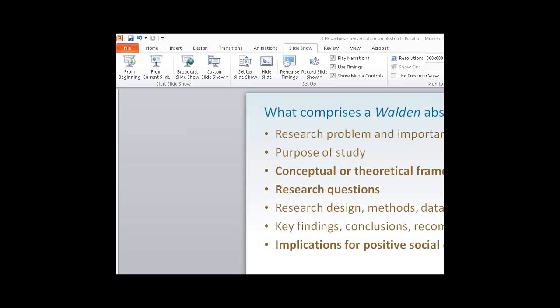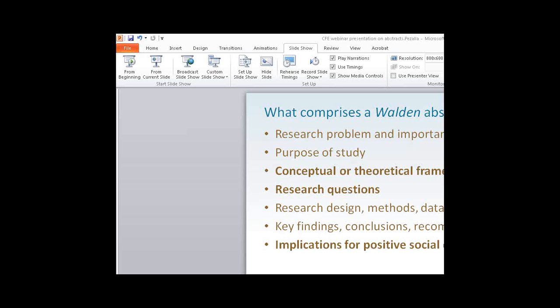Good question, Christopher. With a question mark. That's actually, so the trick is that research questions within Walden abstracts should be presented as declarative statements and not as research questions.